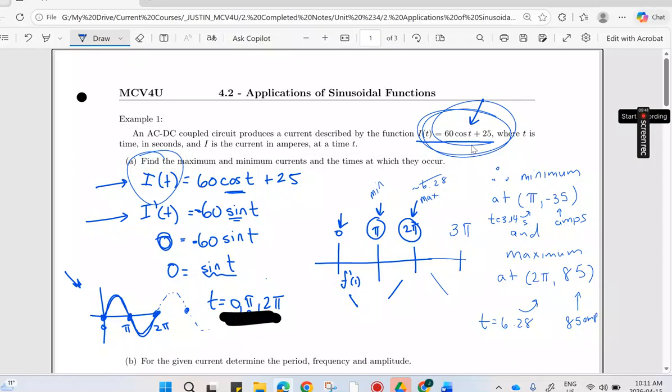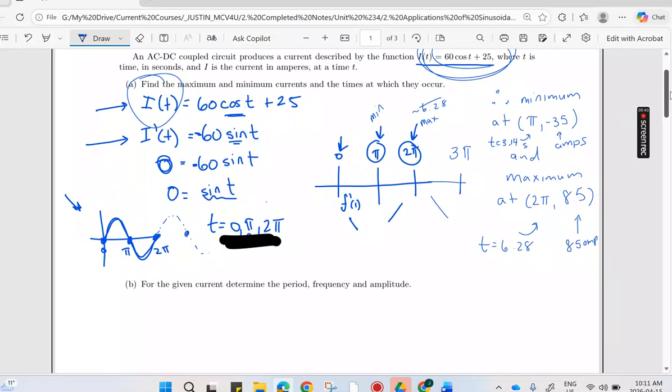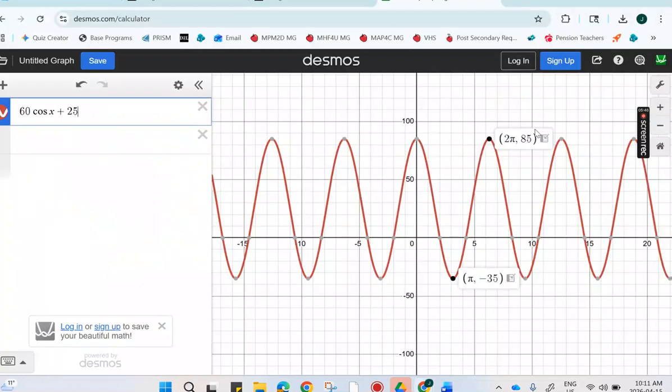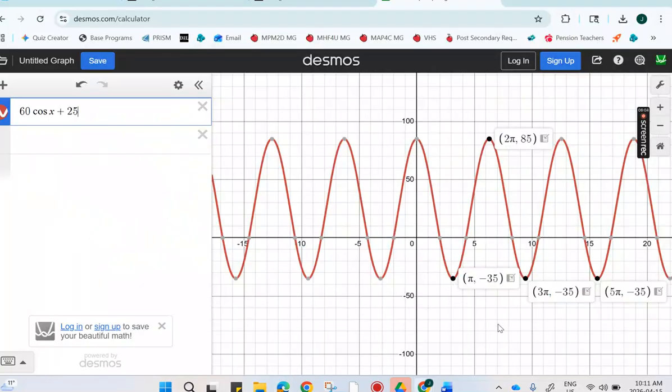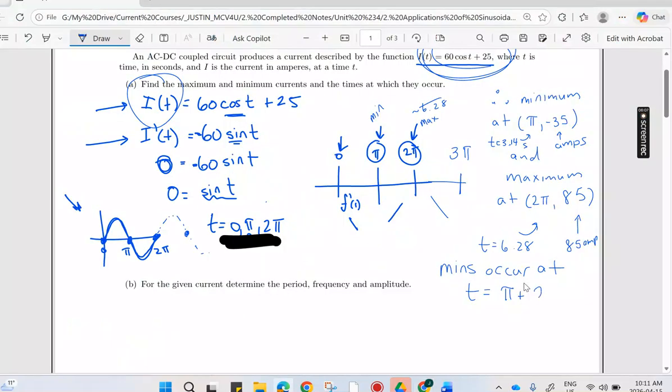Now how would I show that? There is actually a minimum not just at pi, but at pi, then at 3 pi, and then at 5 pi. So really, minimums occur at t equals pi plus 2 pi k, where k is an integer. How do you go from pi to 3 pi? You're adding 2 pi.